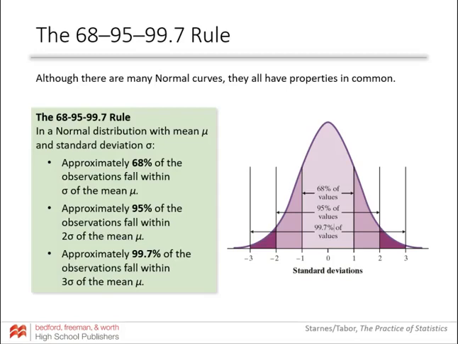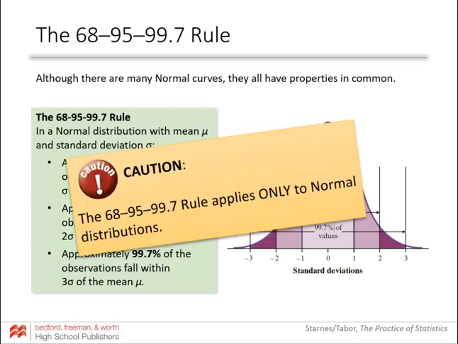So we use this rule and these numbers a lot to do some estimates. So you're going to want to make sure that you memorize those 68, 95, 99.7, and that corresponds to 1, 2, and 3 standard deviations away from the mean. Okay. We'll talk about some other different types of distributions as well. So just make sure you note that this rule only applies to normal distributions, not any of the other ones we're going to look at.